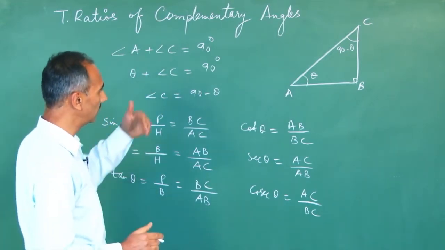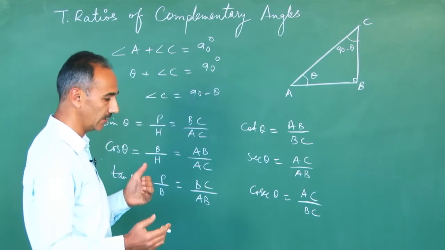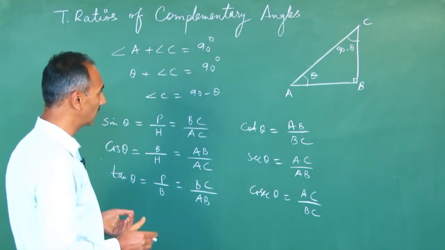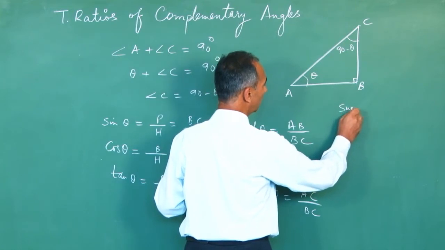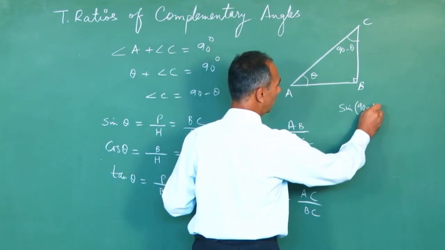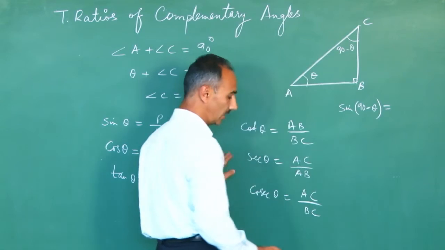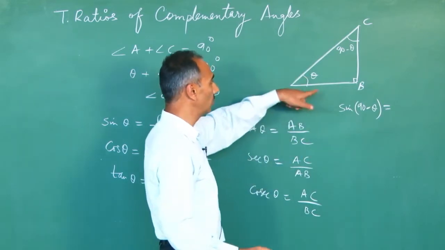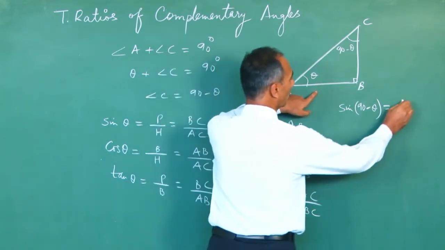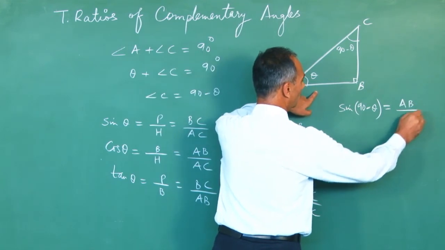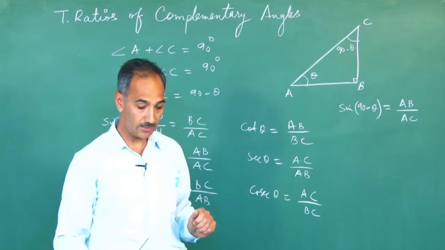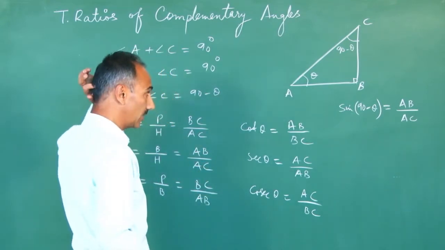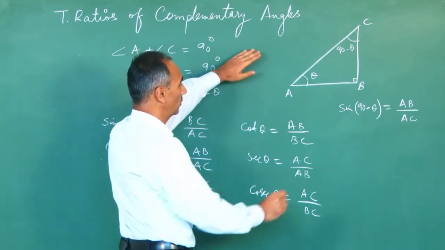Now let's take 90 minus theta and take again six T ratios and see the relationship for 90 minus theta and theta. Let me take sine of 90 minus theta. For 90 minus theta, your perpendicular is AB. Sine is perpendicular by hypotenuse. So sine 90 minus theta, where the acute angle is 90 minus theta, is perpendicular by hypotenuse.